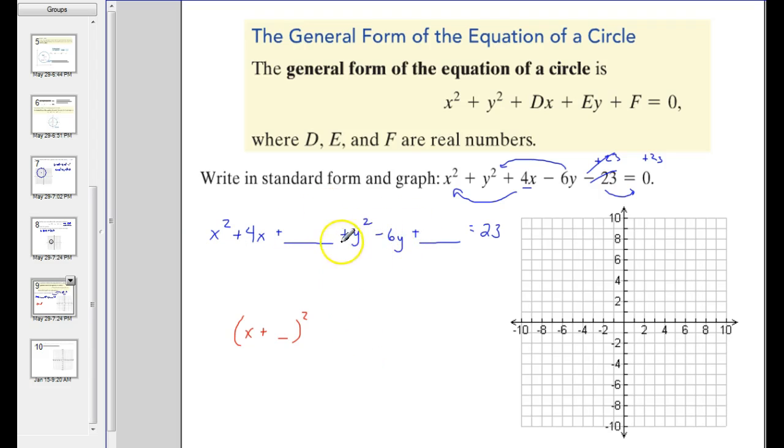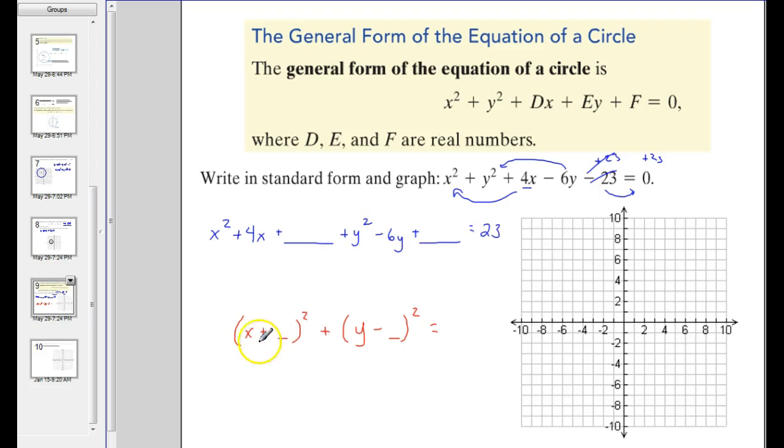And same thing right here, I'm going to add, and then parentheses, it's going to be y, in this case minus something squared equals, and then whatever we get over here on the right. And what we're going to have to do is add something here, and then thereby we'll have to add the same thing over here to the right side to balance the equation.